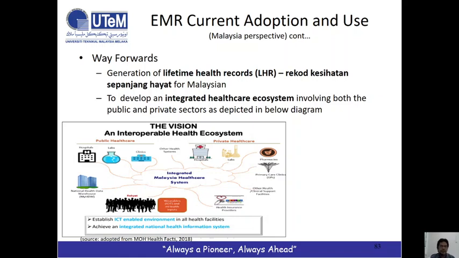You will find that in developing or poor countries, the HIS is still behind compared to developed countries. Okay, we have looked at the current adoption and use of the HIS from the Malaysian perspective.